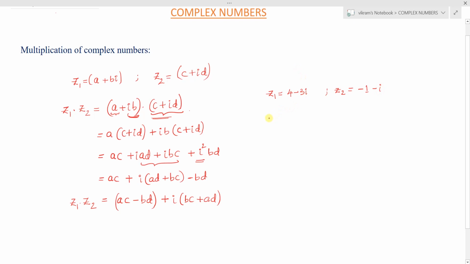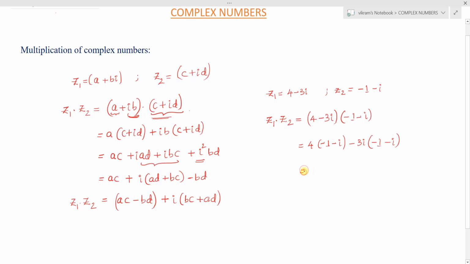Now perform the multiplication z1 into z2, which is 4 minus 3i into minus 1 minus i. That is 4 times minus 1 minus i, then minus 3i times minus 1 minus i.